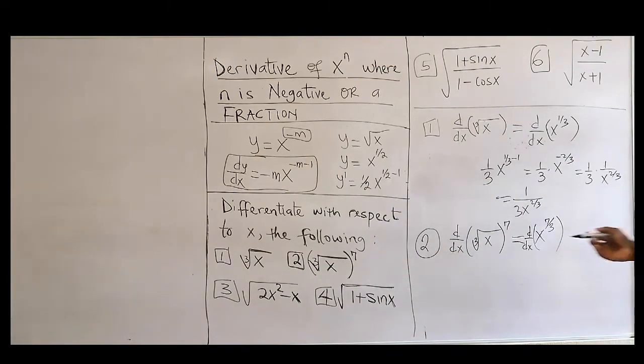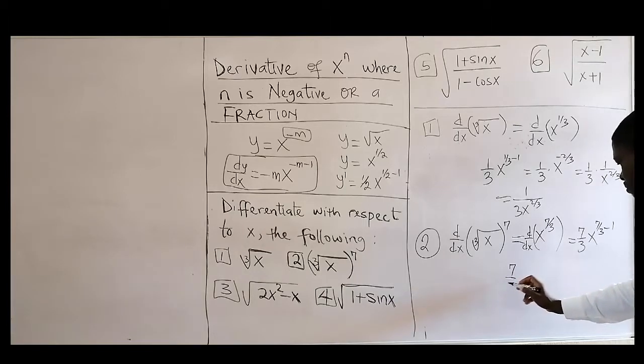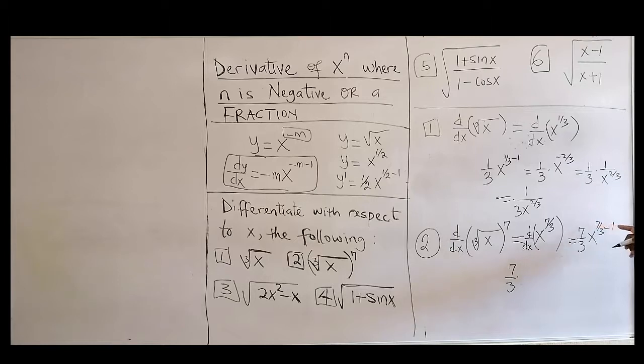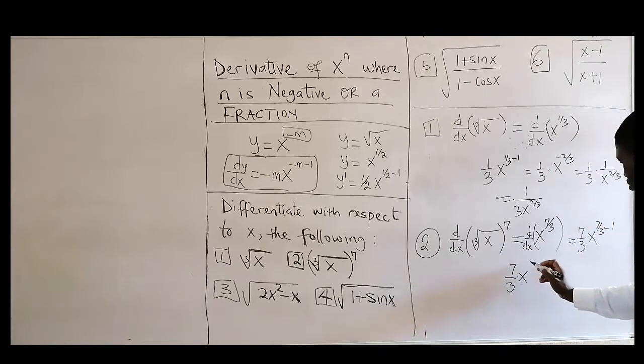If you cannot remove it, you'll not be able to differentiate. Then the next thing to do, the 7/3 will go to the front, and that will be x to power 7/3 minus 1, and that will give us 7/3 times x to power 4/3.